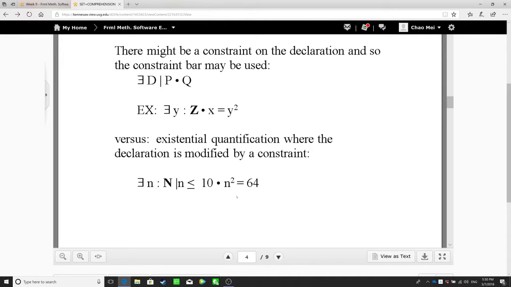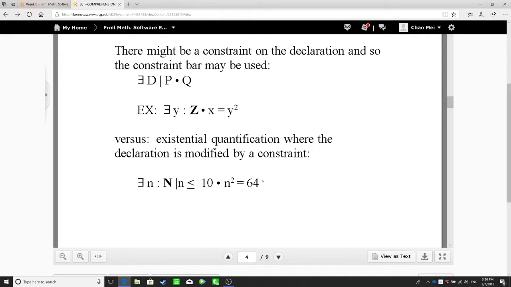Do you think this is true or false? It would be true. The number is 8. Yes, because we can find an n. That means there exists an n, less than or equal to 10, that makes its square 64.